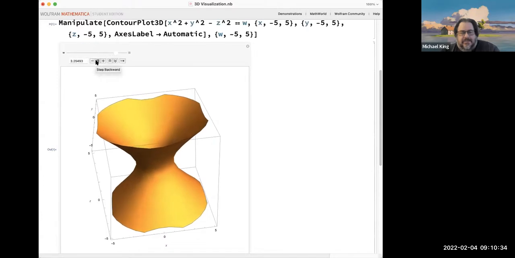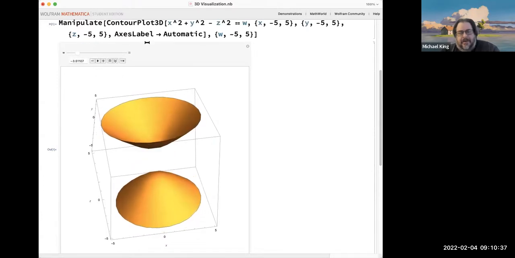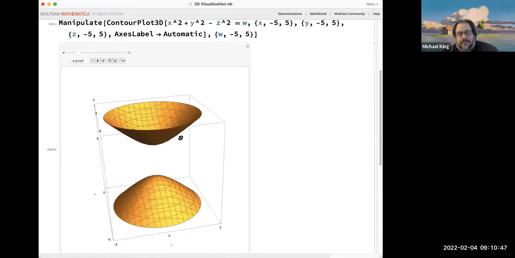I just think it's an interesting idea that the graph of the function x squared plus y squared minus z squared would be a 4-dimensional graph, something we cannot visualize, but instead we can visualize 3-dimensional level surfaces of the graph, and almost think of the surface in 4 dimensions as a movie of a bunch of 3-dimensional surfaces changing, morphing.